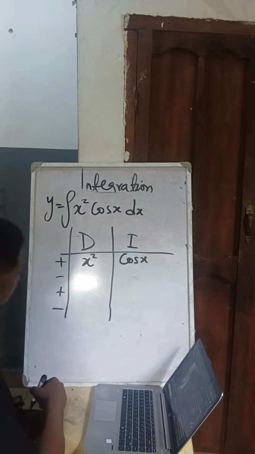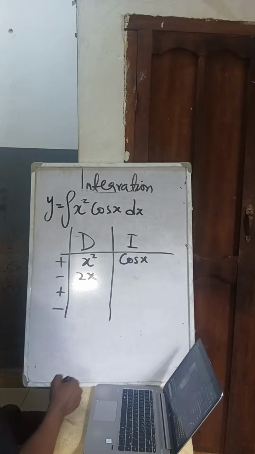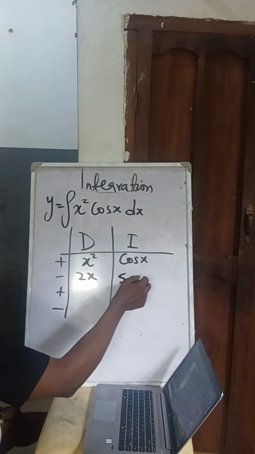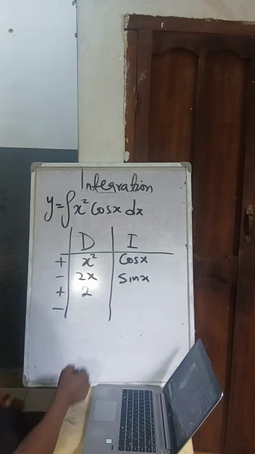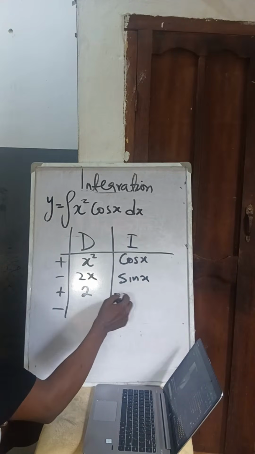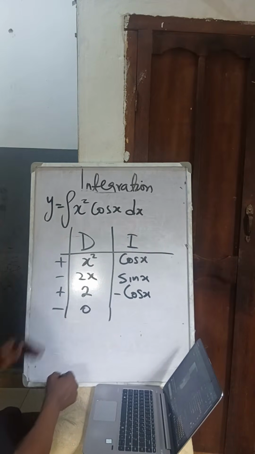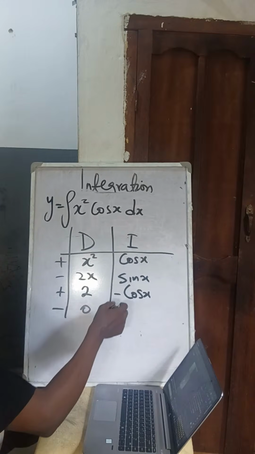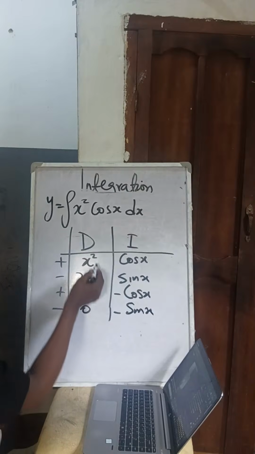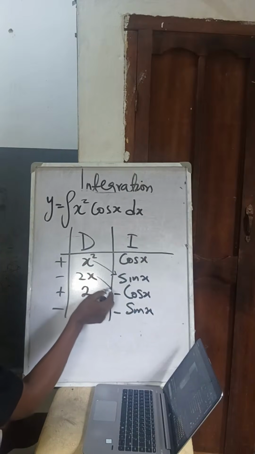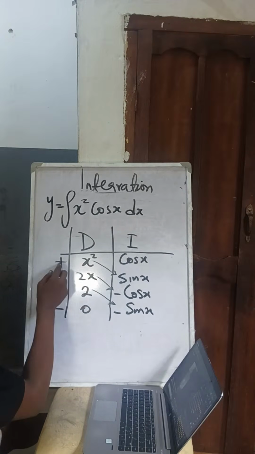So you differentiate x squared, you get 2x, integrate cos x, you get sine x, differentiate 2x, you get 2, integrate sine x, you get minus cos x, differentiate 2, you get 0, integrate cos x, you get sine x, retain minus. All right. So you move from up, down, up, down, up, down.